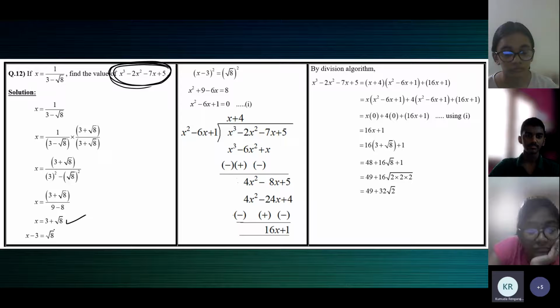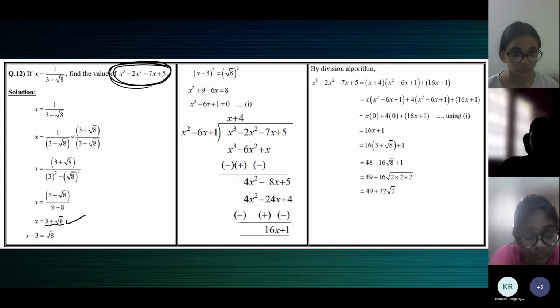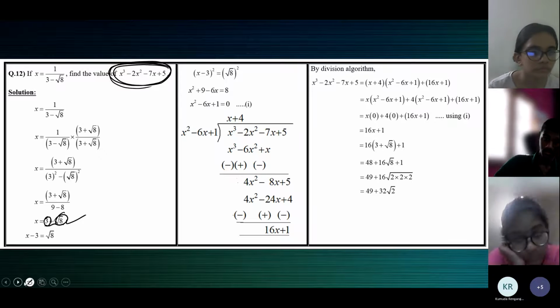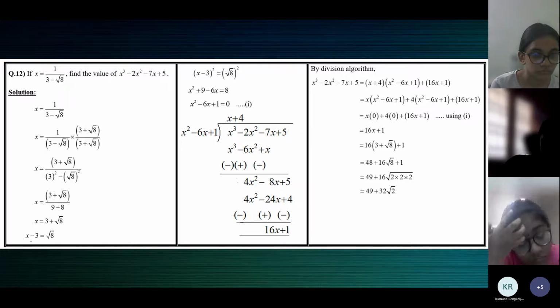Now, what you do is you separate the rational and irrational. This 3 plus root 8: 3 is rational, root 8 is irrational. So see the next step. What have I done?